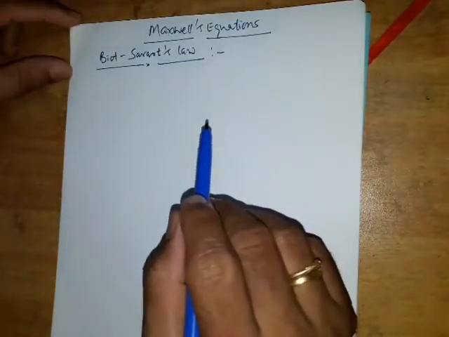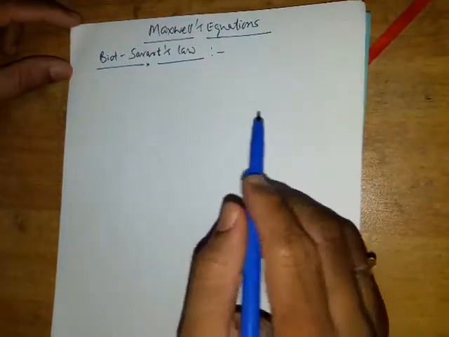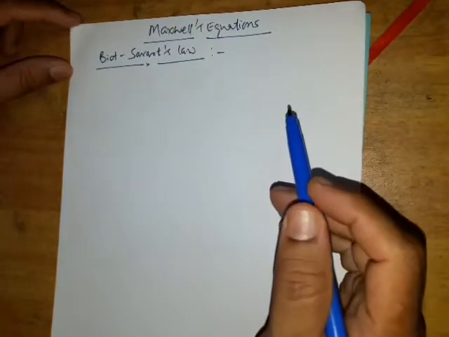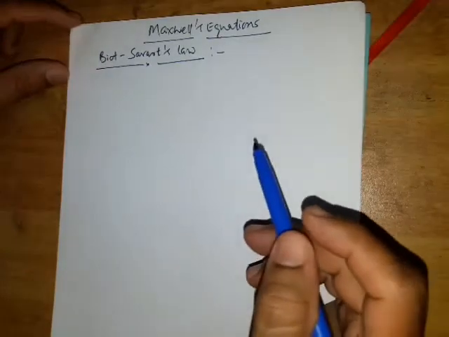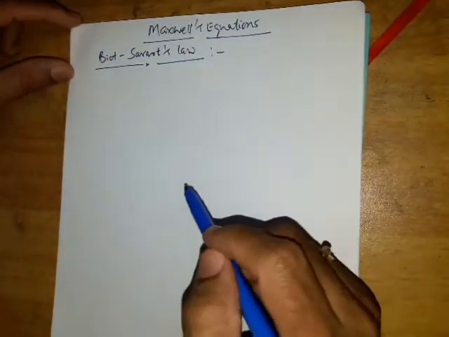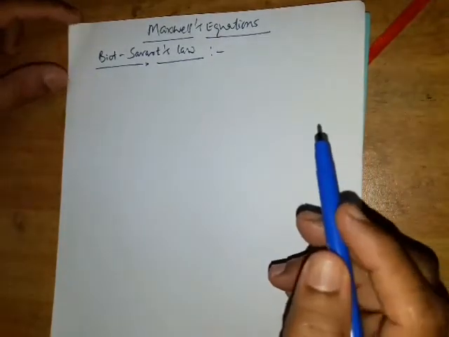Biot-Savart's law gives us the idea of a magnetic field, its magnitude and its direction at a point due to the current through a differential element.